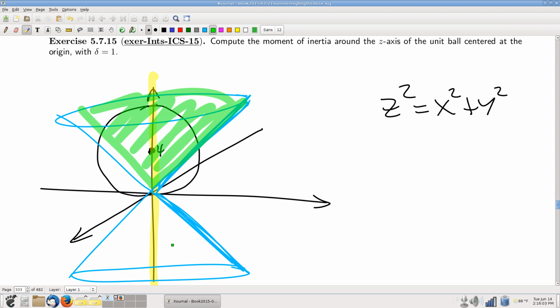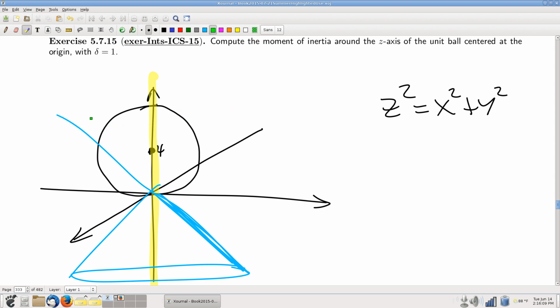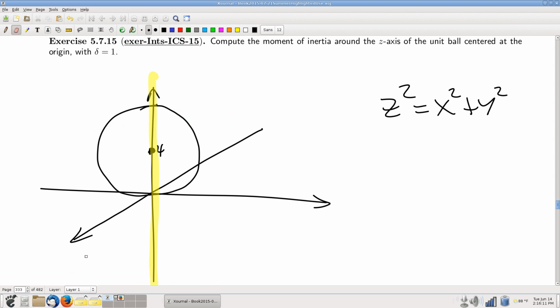So now that I have a picture drawn, let's see here. I'm going to take another whack at now drawing what I'm really interested in. Here's my sphere. Right. Ball. Excuse me. There's the ball.